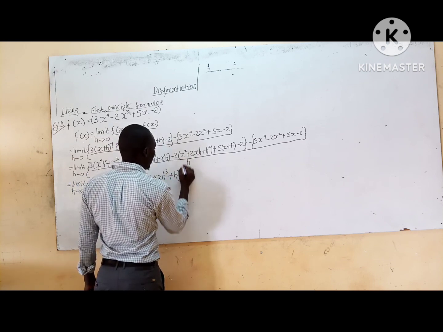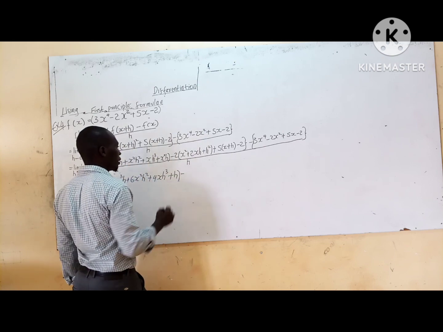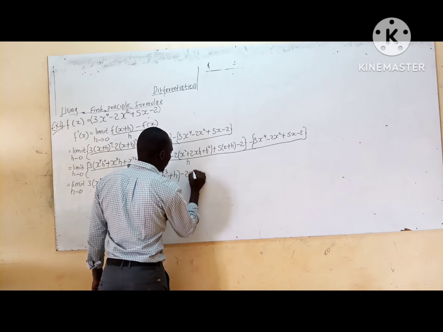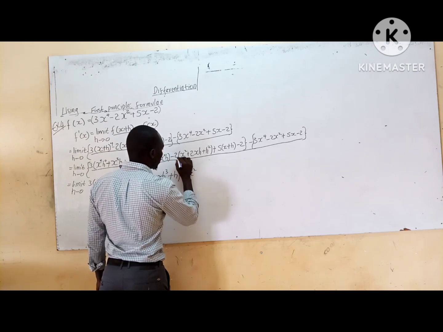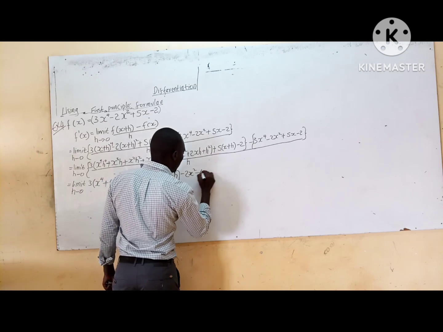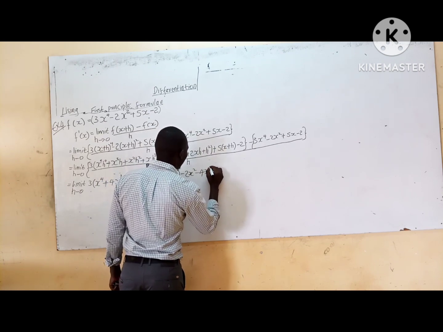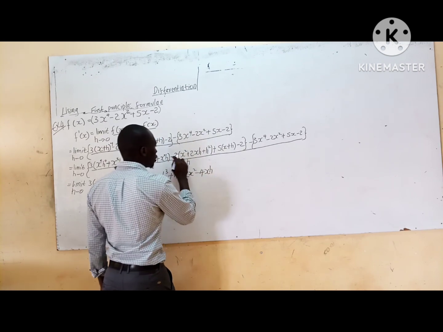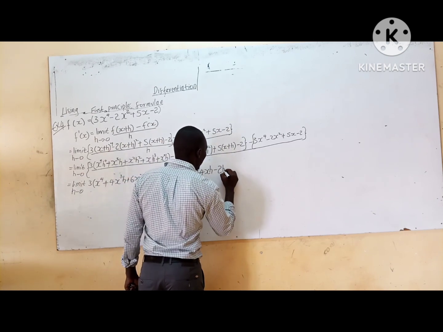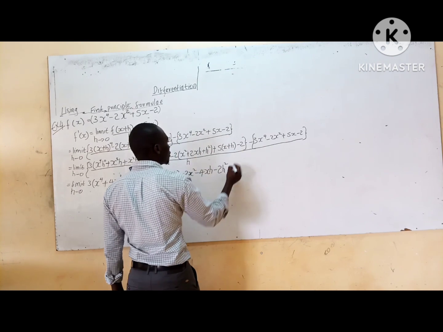When we open the bracket here we are going to have minus 2x squared, here will be minus 4xh, and here we are going to have a negative of 2h squared.